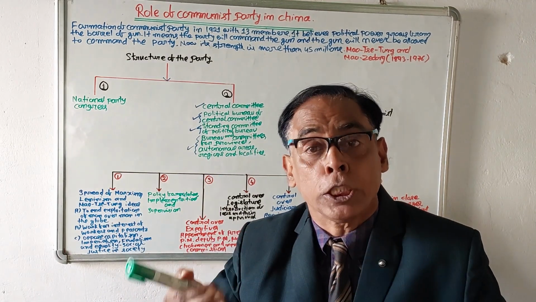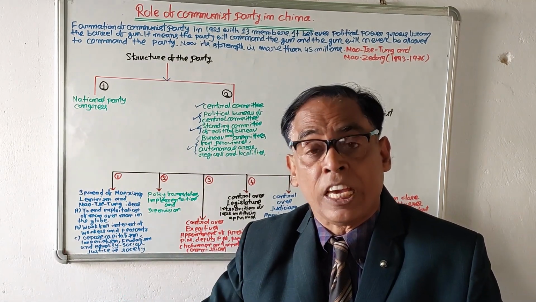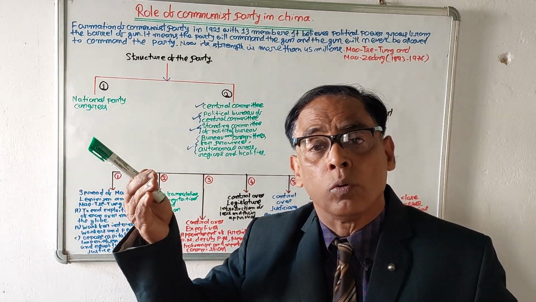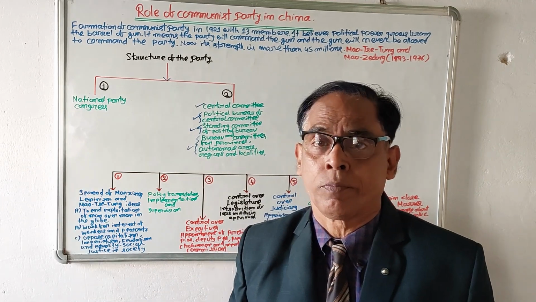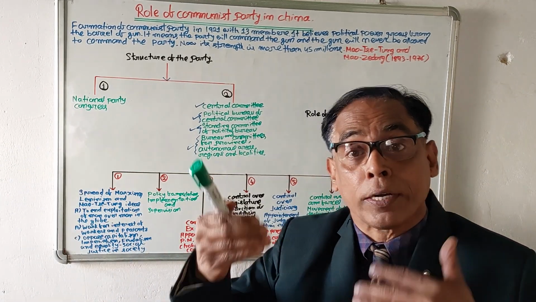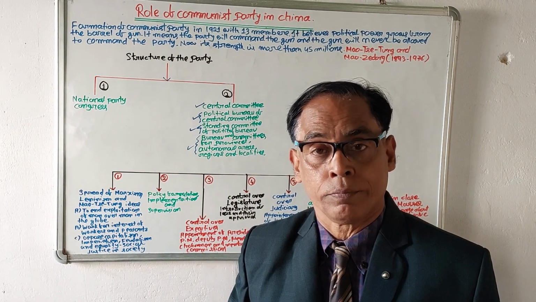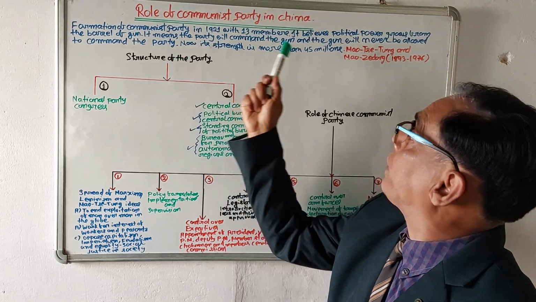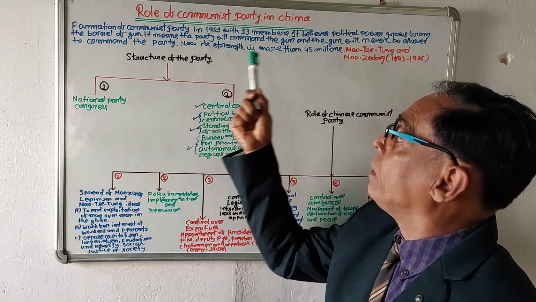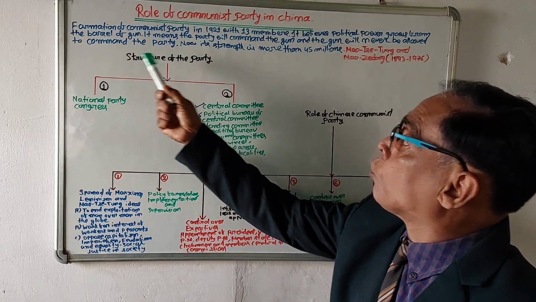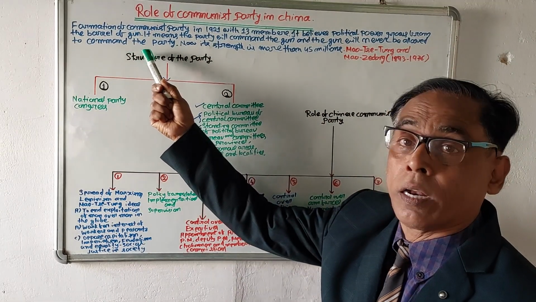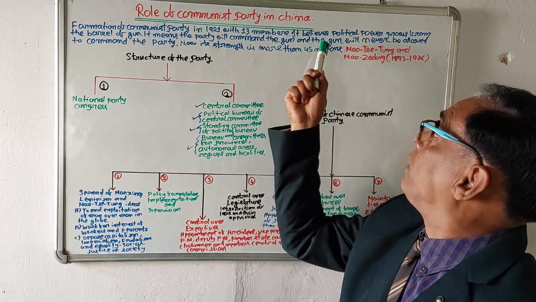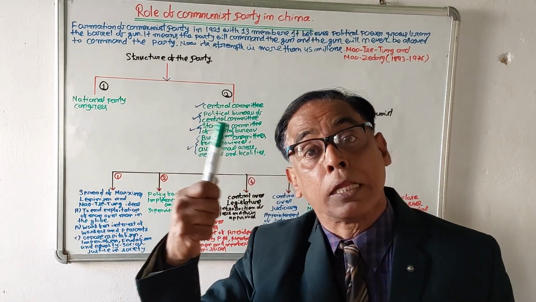It means the Communist Party can give direction to the gun to any aspect, but the gun cannot be directed towards the Communist Party. It means the party will command the gun and the gun will never be allowed to command the party.